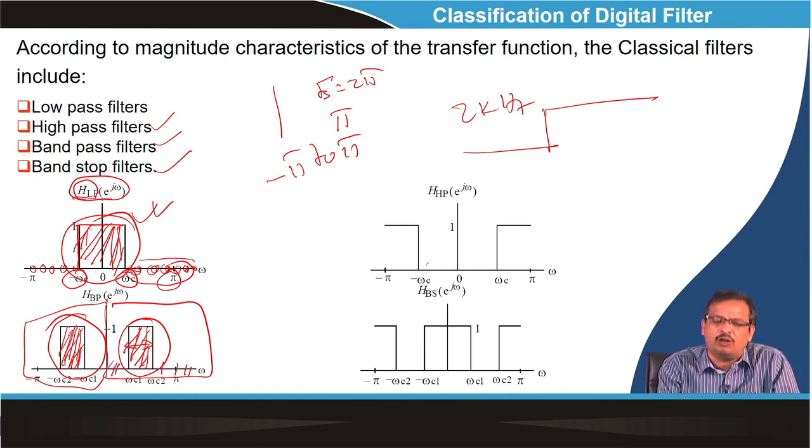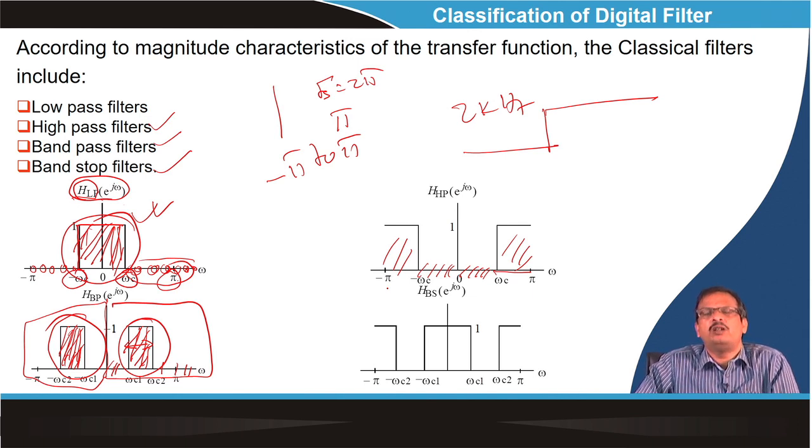So below ωc the response is 0, and after that it exists up to π, because maximum oscillation is possible from minus π to π. That is the high pass filter. Then the band stop filter: a particular band will be stopped. That means a particular band of frequencies, from this to this, should not exist.